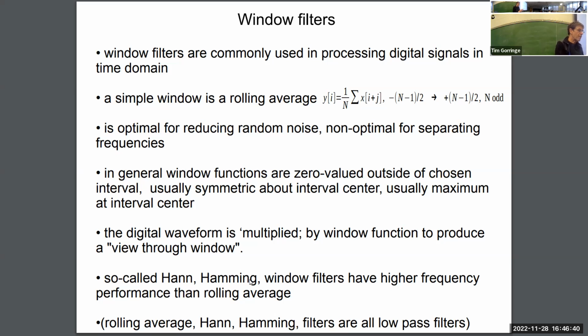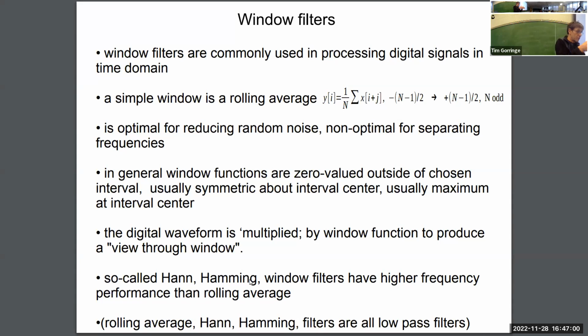Because if you imagine the window, you're looking at the data on the input in a little window. If you've got one complete oscillation of a frequency in that window, when you add up the samples in that one complete oscillation, that's going to cancel out.